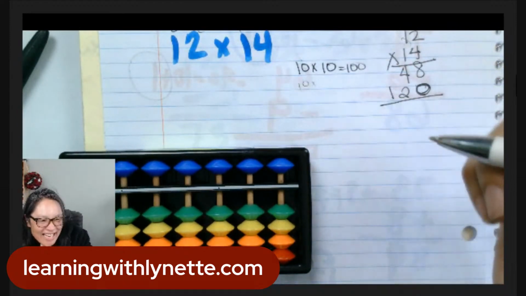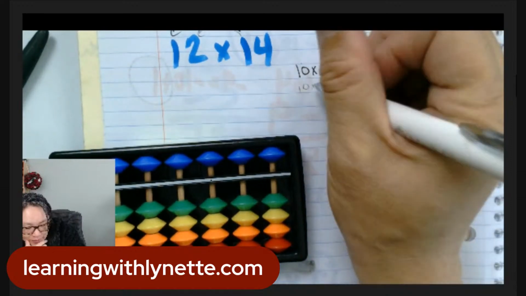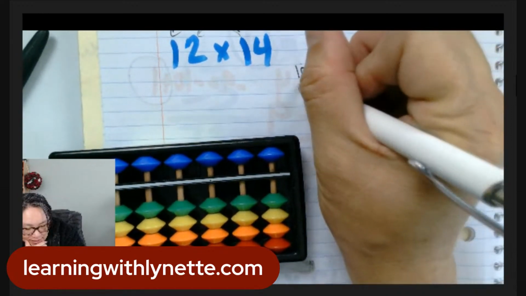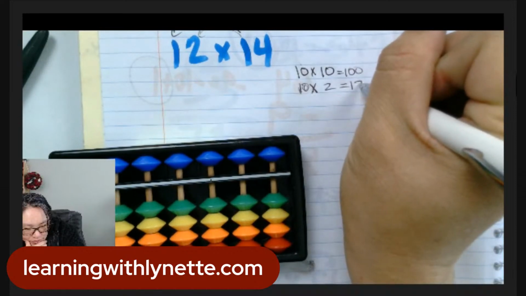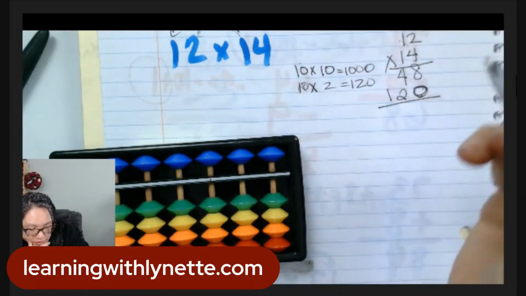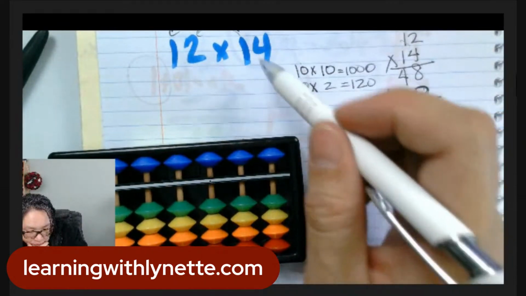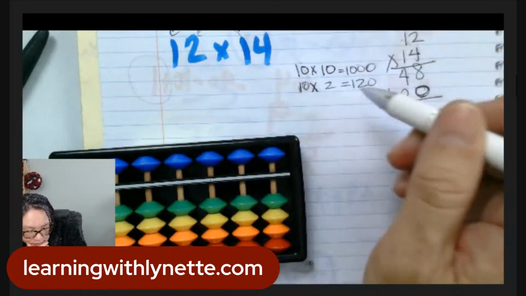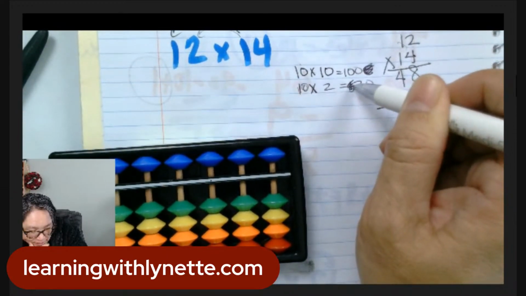But this is the difference, right? 10 times 2 is equal to 20. No, I'm sorry, I need another 0. No, 10 times 2, yeah, so that's 20. Sorry, I don't do new math.